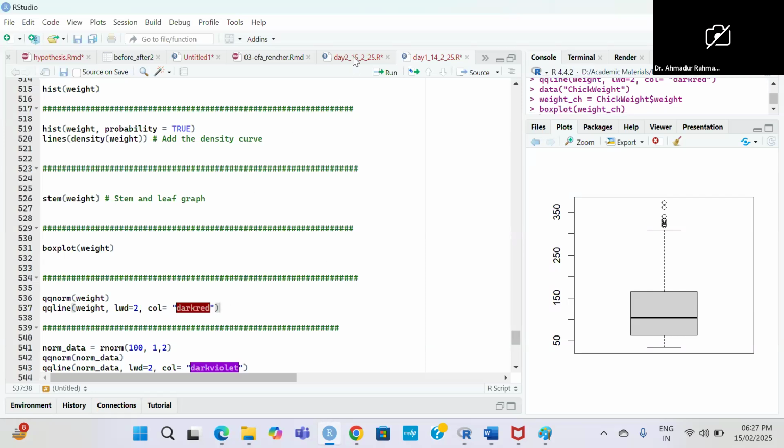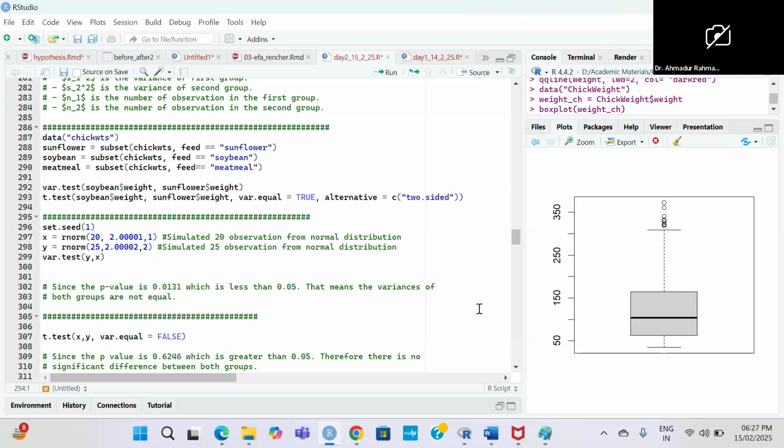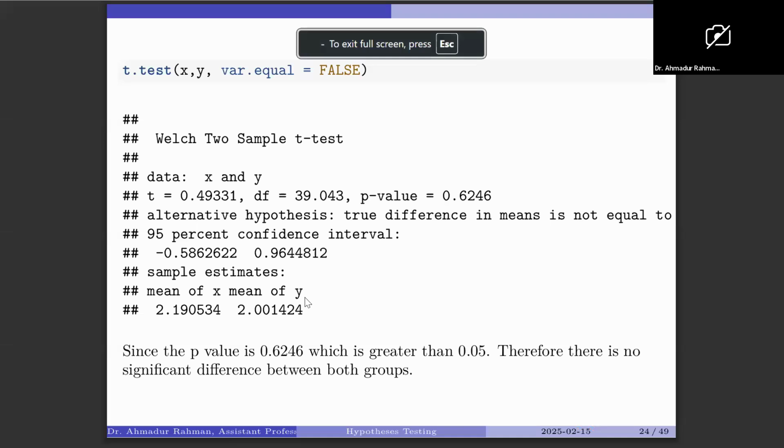Now come to the main thing that is important for us, and that is hypothesis testing.